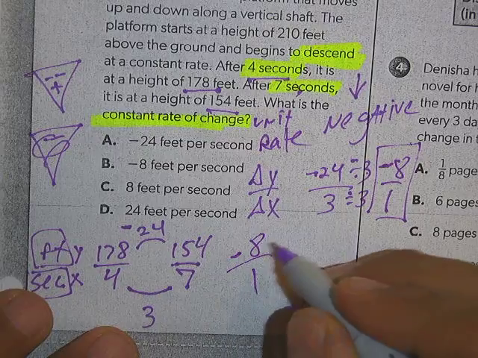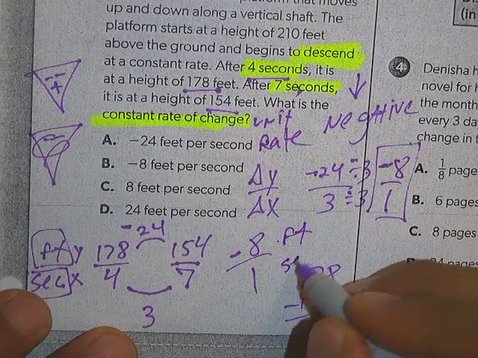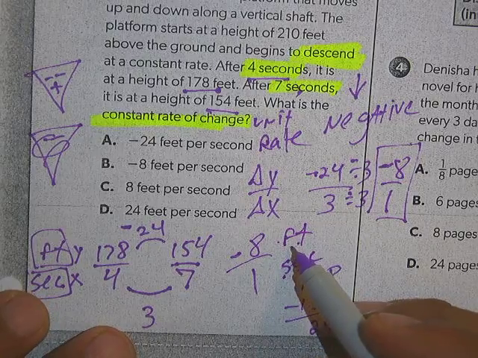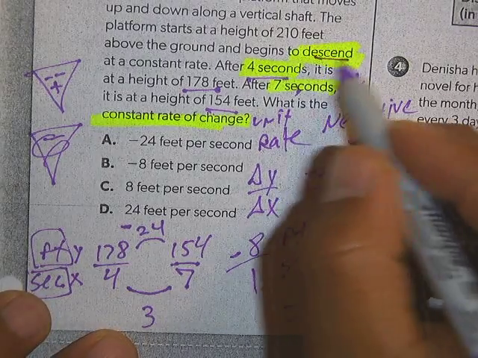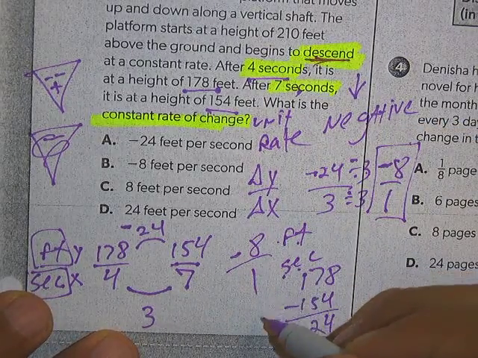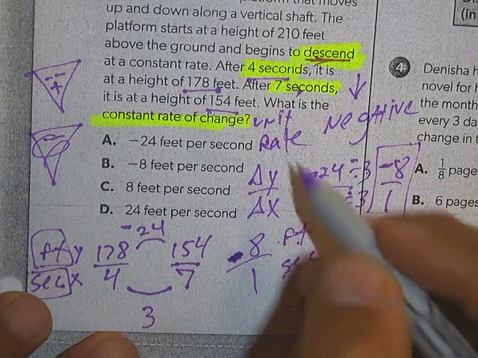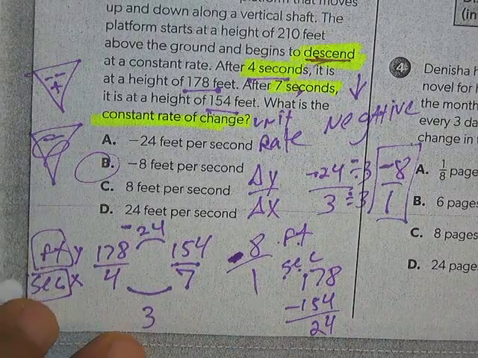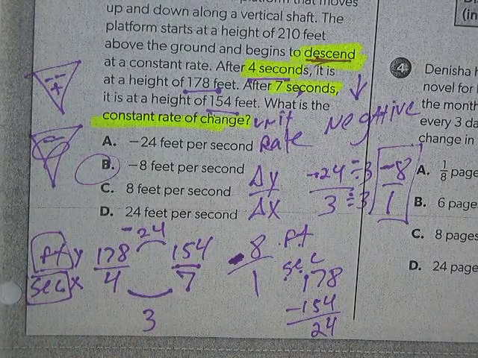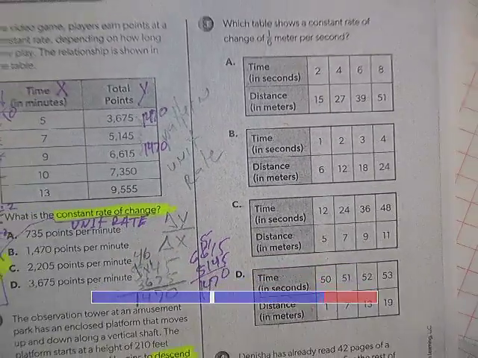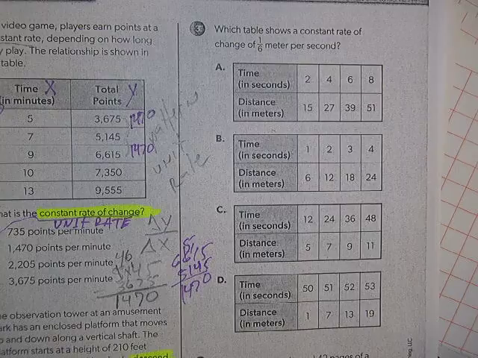Negative divided by a positive is a negative, and then 3 goes in 24 8 times. So what does this represent? Negative 8 over 1. Remember, this is your y, feet, this is your seconds. So for every second, I am descending 8 feet. That's why you put the negative. This is the word for descend. So my answer is negative 8 feet per second. I'm descending down.